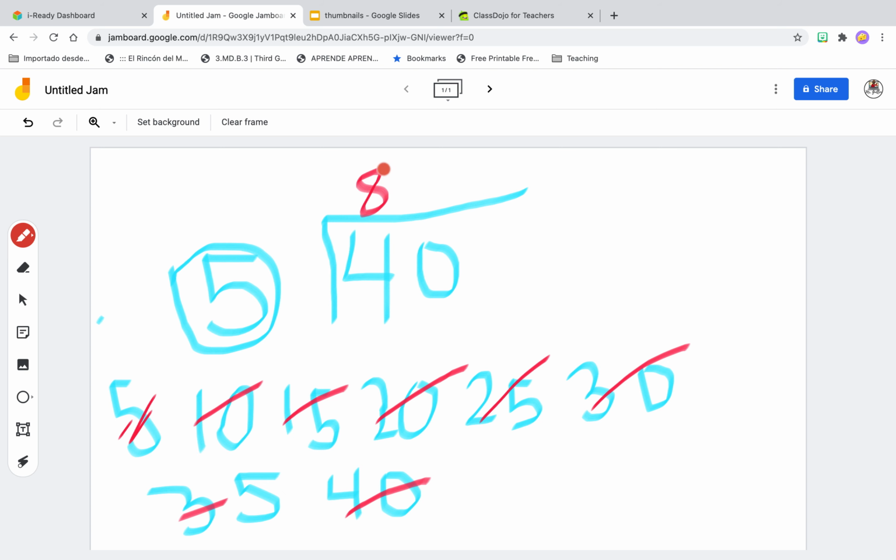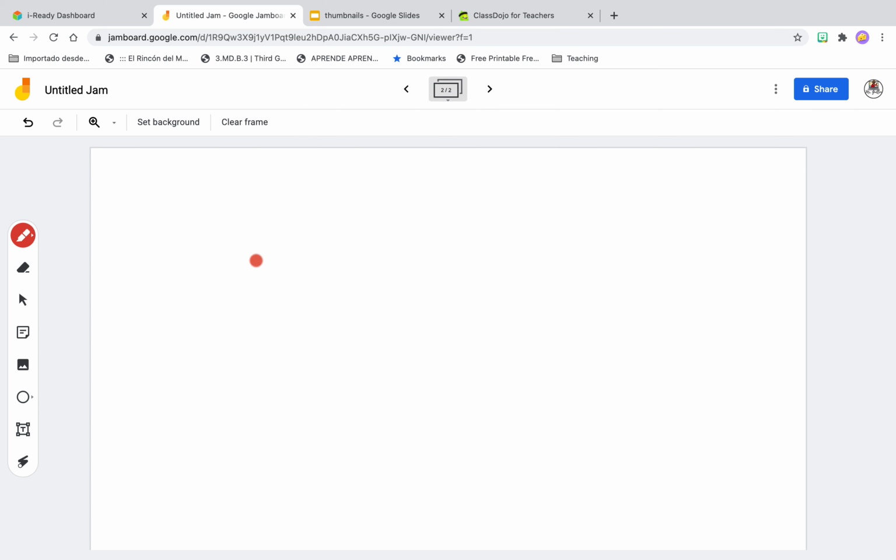Is this true? Yes, it is. Because if you multiply 5 times 8, guess what the answer is? It's equal to 40.